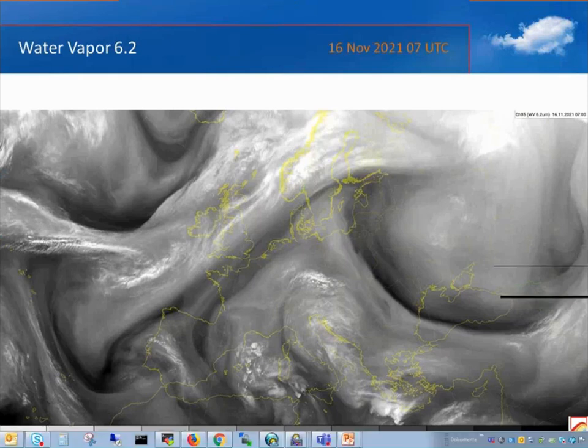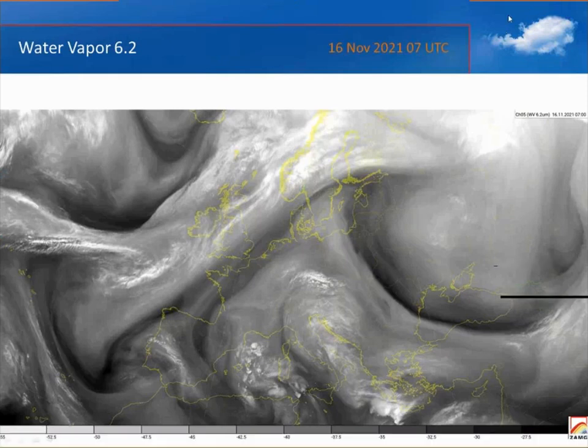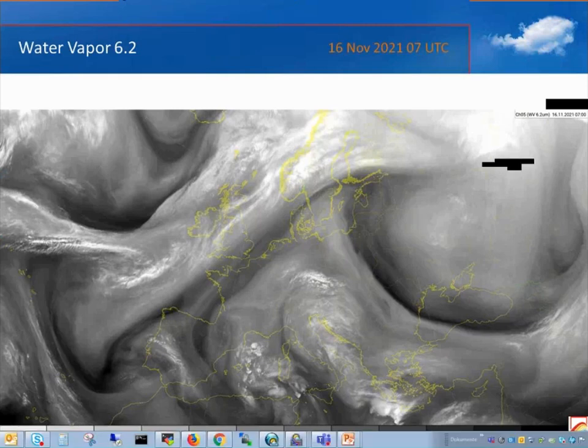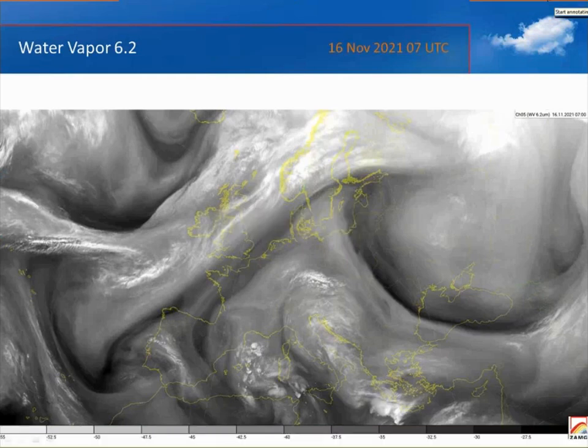Here I would like to give you the chance to find low pressure systems. Use the annotation tool. Okay, I think it should be open for everybody. Maybe okay, should be fine now. Use the annotation tool and try to find low pressure systems on this water vapor image.